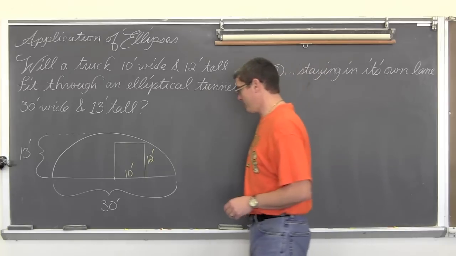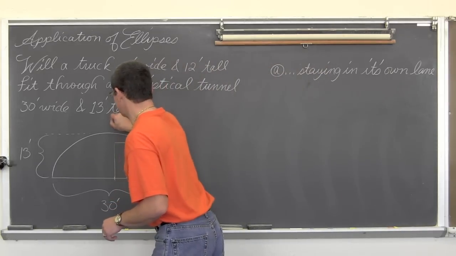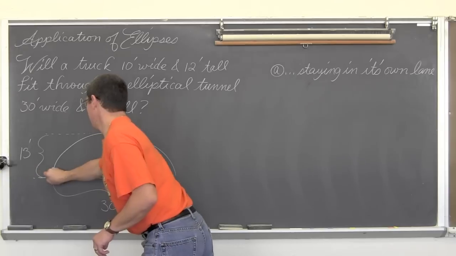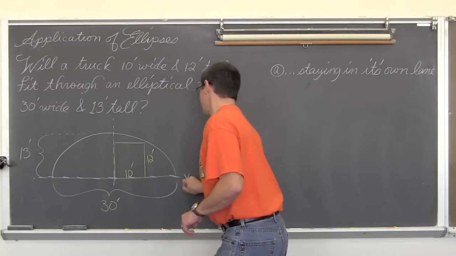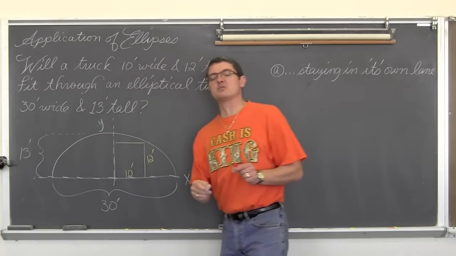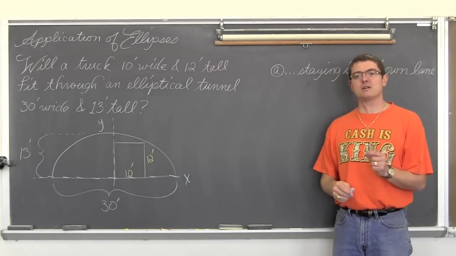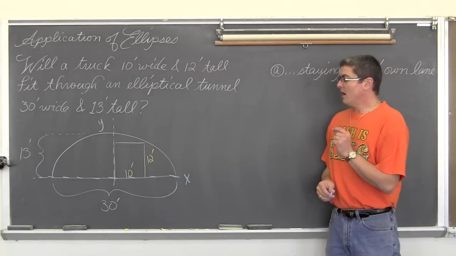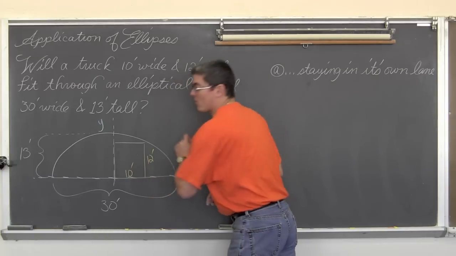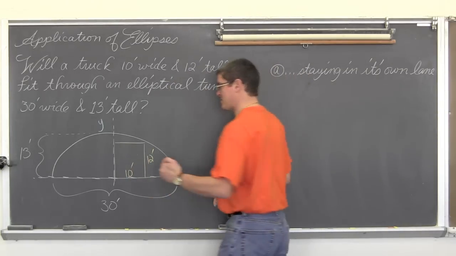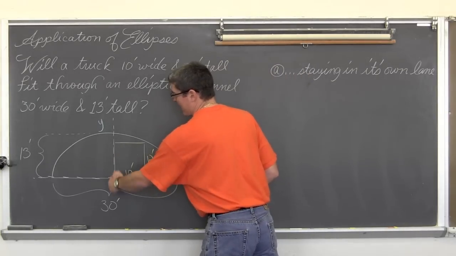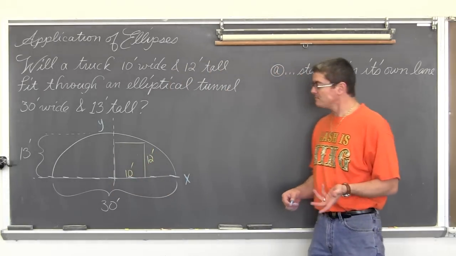And to do that, we're going to place that ellipse in the most convenient place possible to simplify the math as much as possible, which means we're going to put the center of that ellipse on the origin. So the center line of the road is passing right through 0, 0.